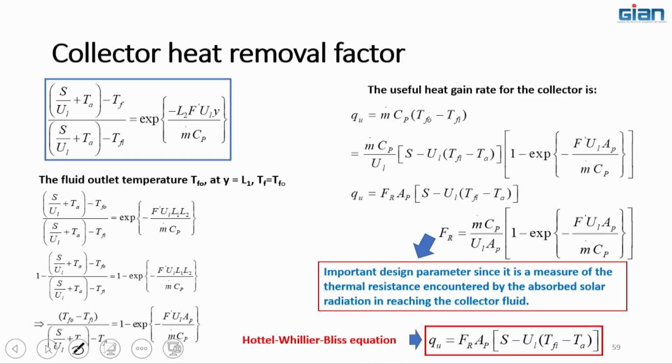Once you can calculate this FR, then you can find out what QU is, because all the parameters are known to us. We do not have to think about TPM, it is TFI. Why TPM is so interesting, you will realize when we solve this problem in the coming slides. But you must know what FR is and its physical significance.